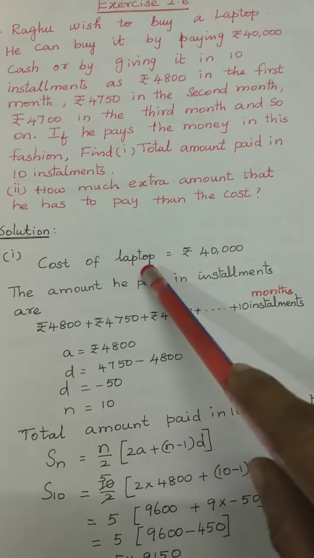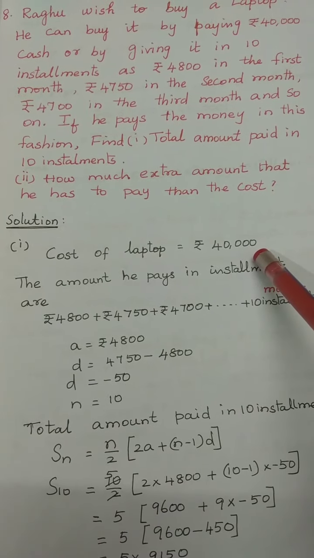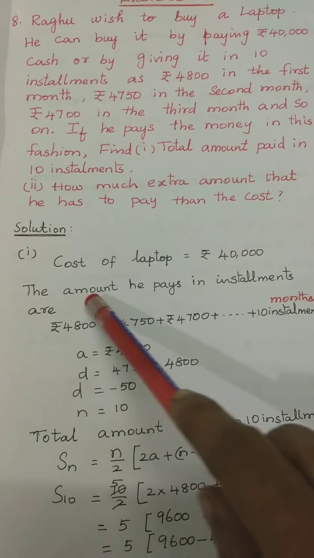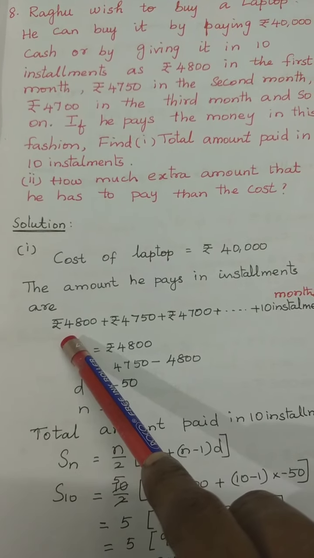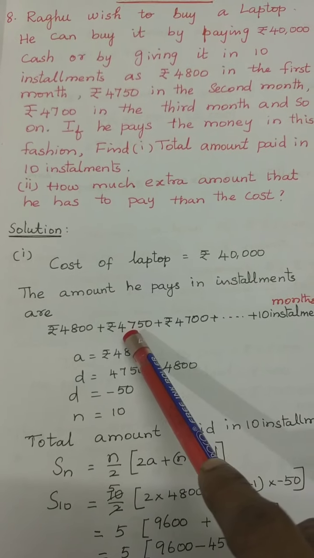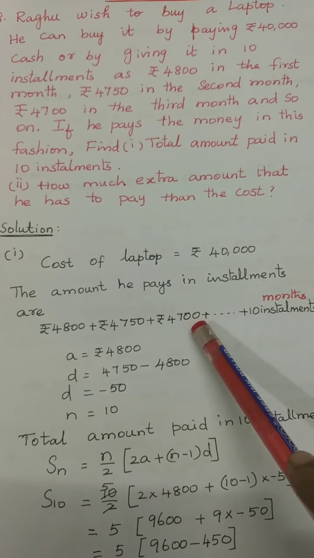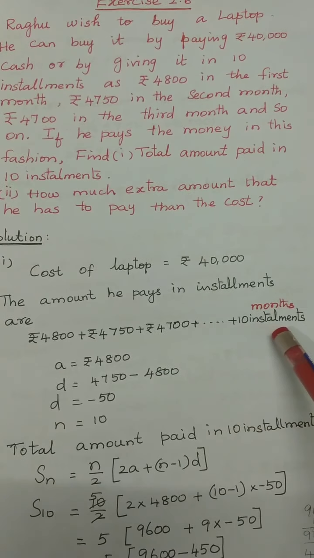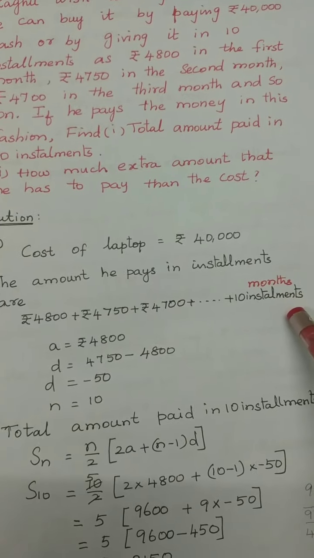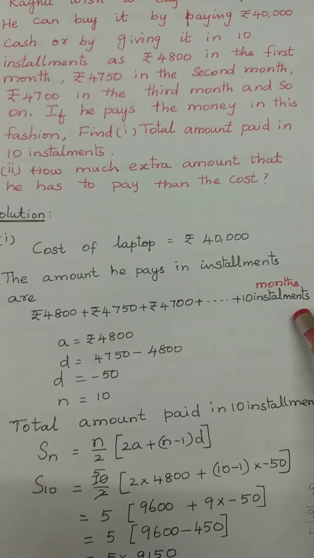Solution: the cost of a laptop is rupees 40,000. The amounts he pays in installments are 4,800 the first month, 4,750 in the second month, and 4,700 in the third month, and so on for 10 months, that is 10 installments.